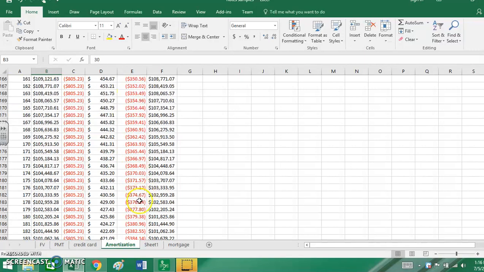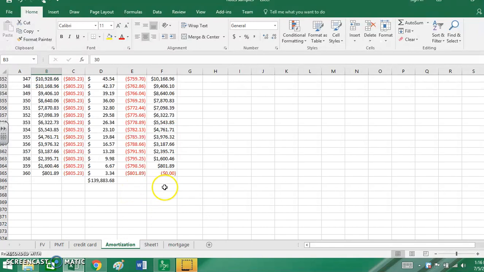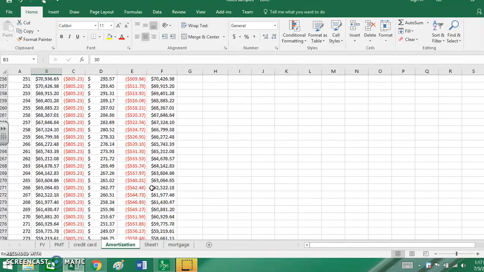Notice that at the very end here, I got to scroll all the way down, I ended up paying it off here. So I only ended up paying $139,883.68 in interest. So by making one change to my whole spreadsheet, I'm able to calculate something without having to go through and drag down again or highlight things or do anything like that.